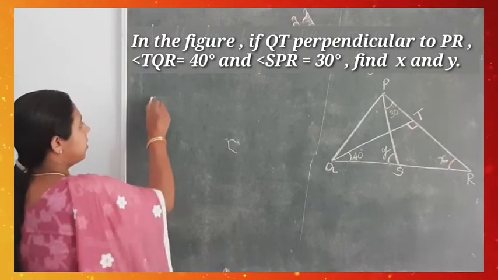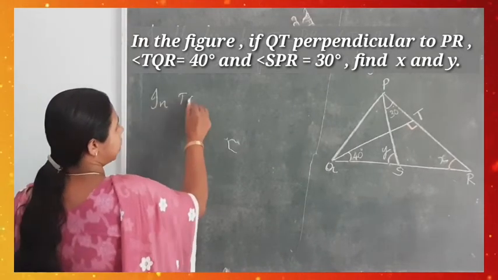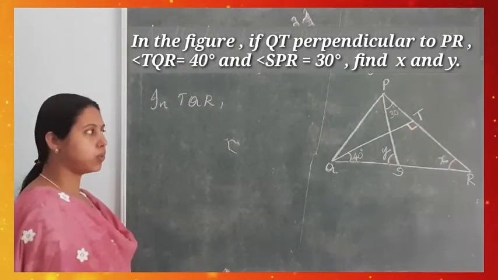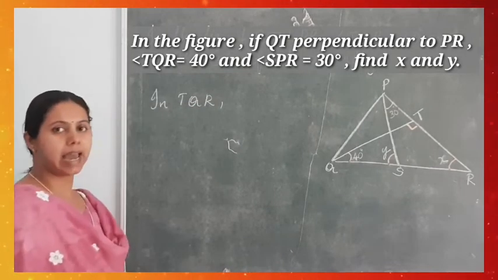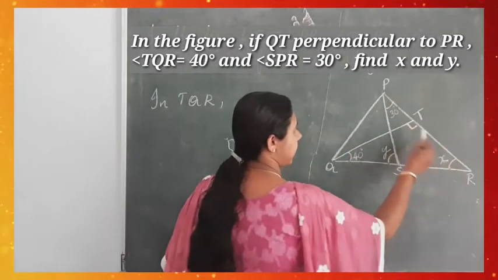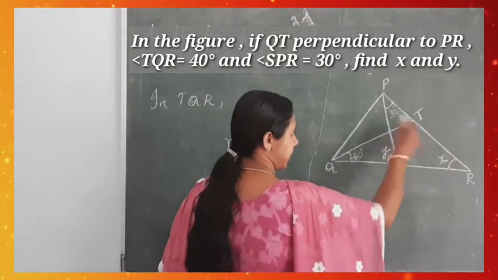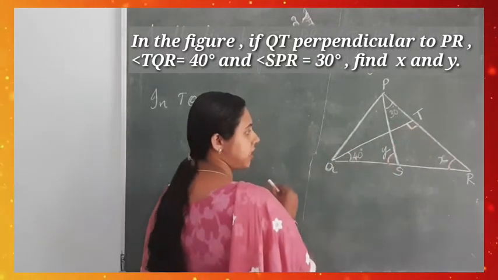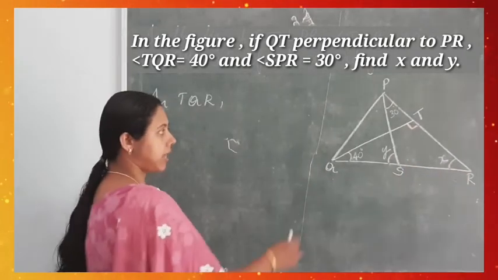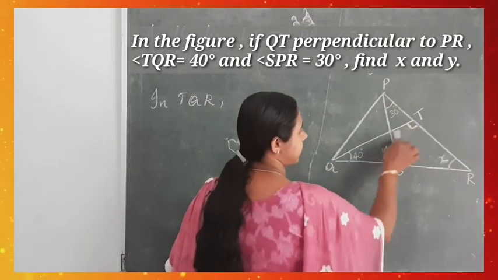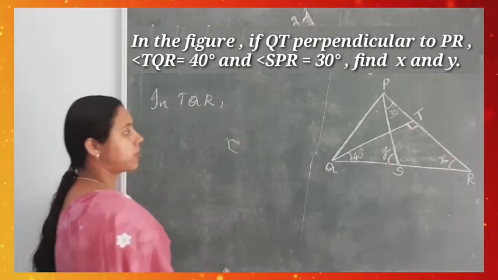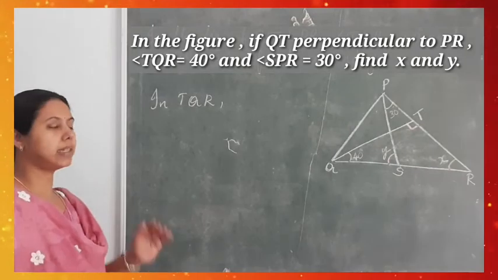In triangle TQR, can you identify the angles? In this triangle, two angles are given. One angle is 90 degrees, another angle is 40 degrees, and the third angle we want to find. This is the triangle TQR. So two of the angles are given and we want to find the third angle.